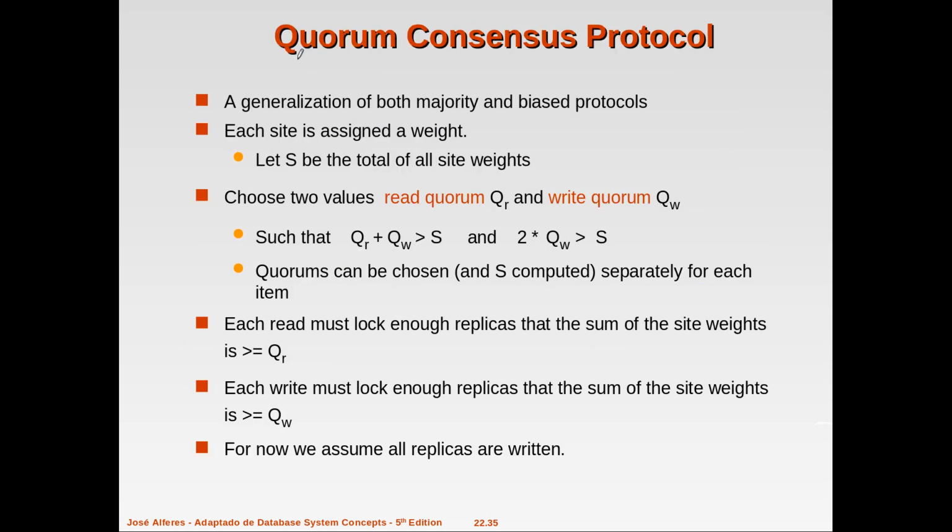Then we use a fourth protocol, which is called the quorum consensus protocol. It is the extension of the biased protocol which was discussed in the previous slide. So what do we mean by quorum? When we are conducting a meeting, quorum must be maintained.